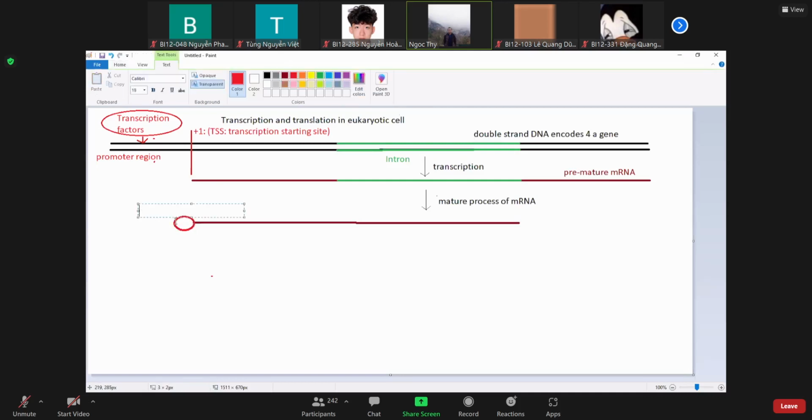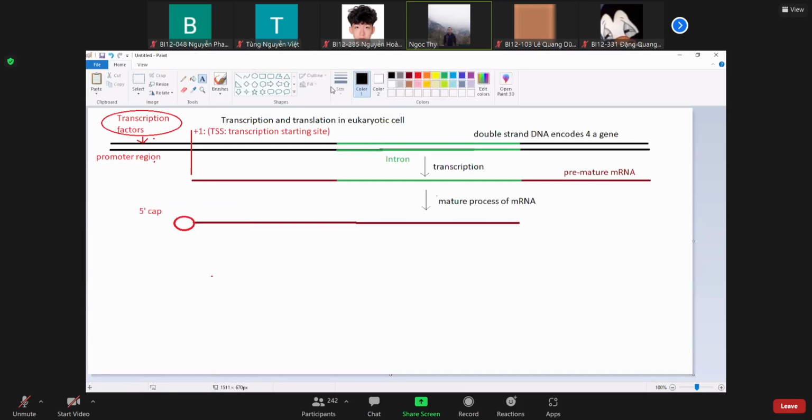This is the 5' cap. And the poly-A tail.